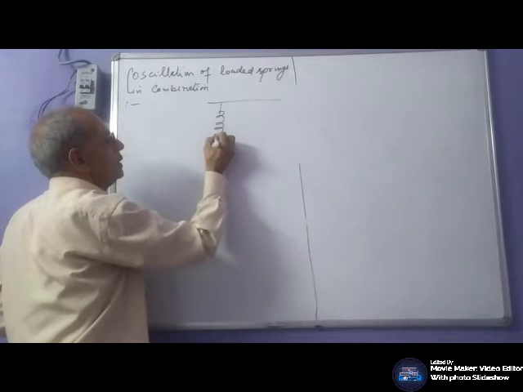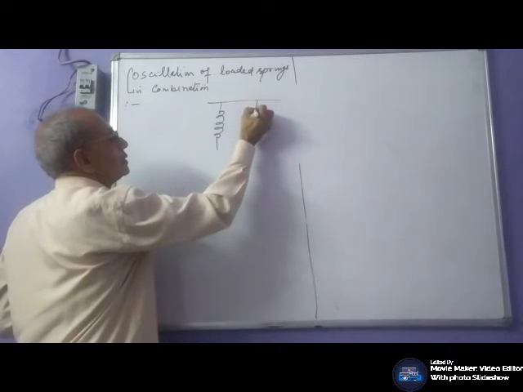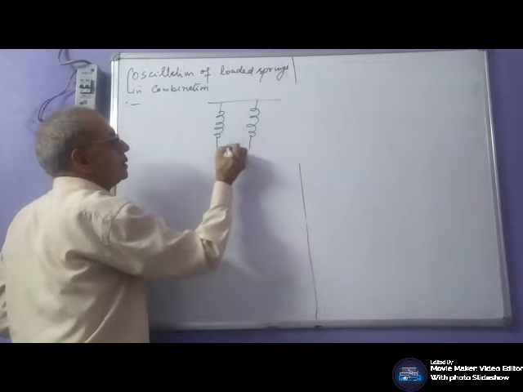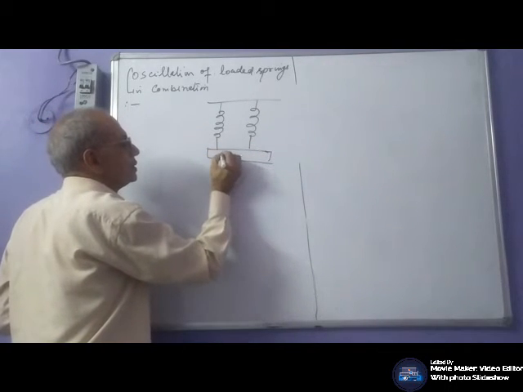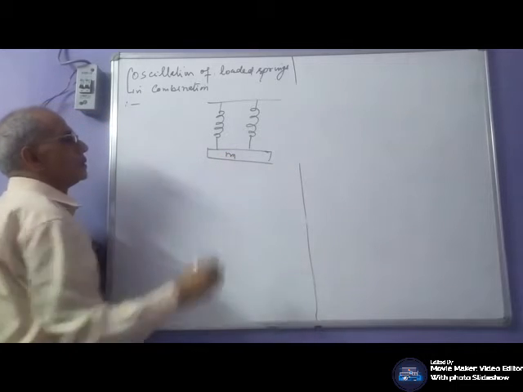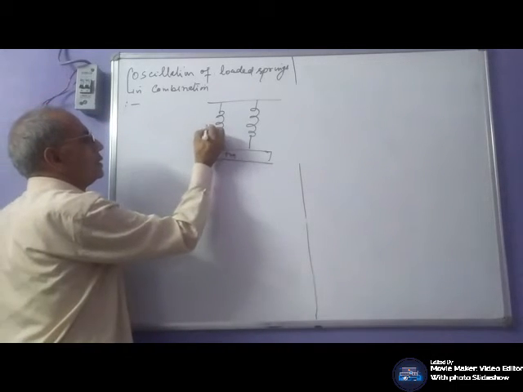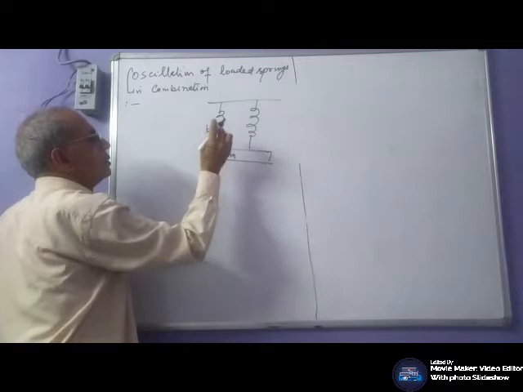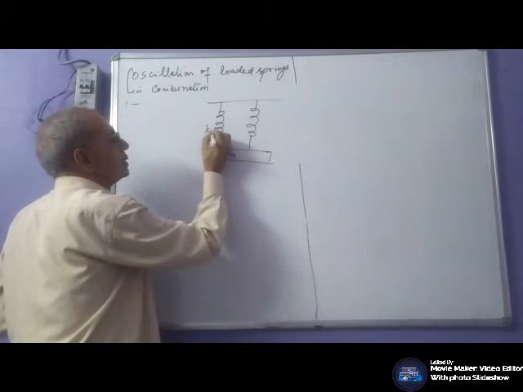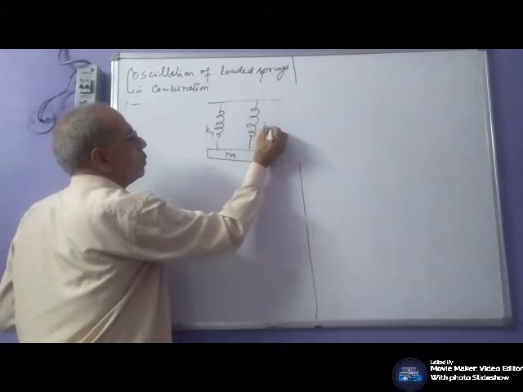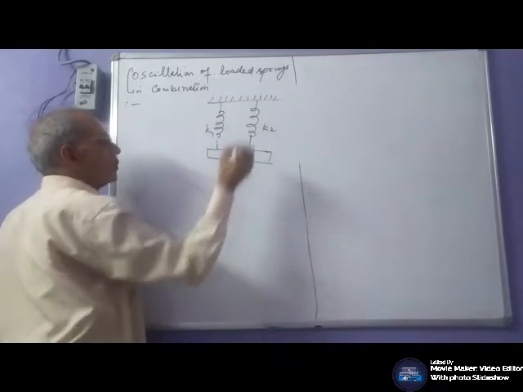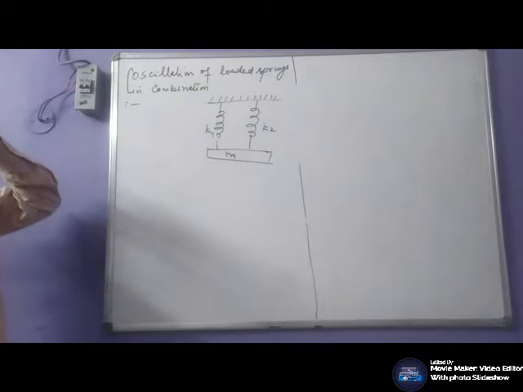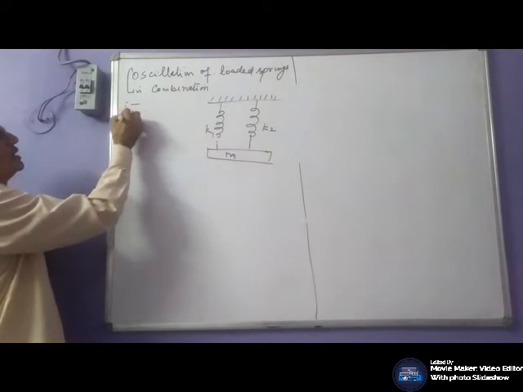This is a spring, this is another spring, of different materials. This is the mass, they are loaded. K1 spring constant, K2 spring constant, this is point of suspension. So this is first case.